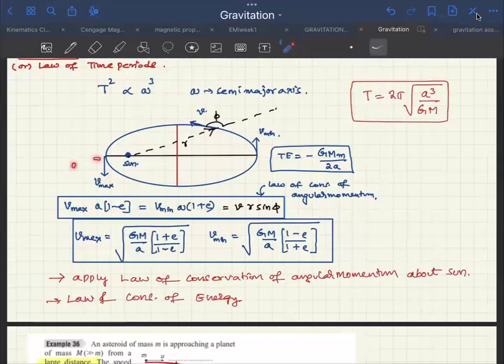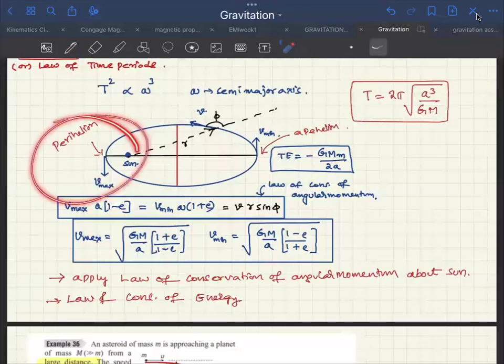So this particular point is called perihelion, and this particular point is called aphelion. Sometimes they are also called perigee and apogee. That language is also there. This is perigee and this is apogee. Okay, that is how you need to remember.